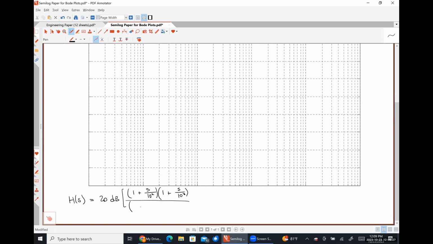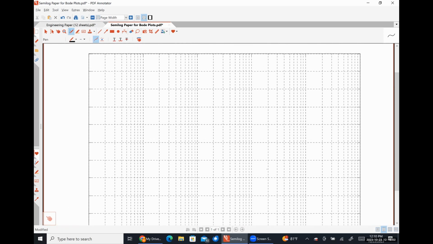Down here we had (1 plus s over 10 to the minus 1)(1 plus s over 10 to the 0). So this is as easy as I can make it, where all of our poles and zeros are at 10 to the something so that I can draw this without looking like a complete utter jackass.